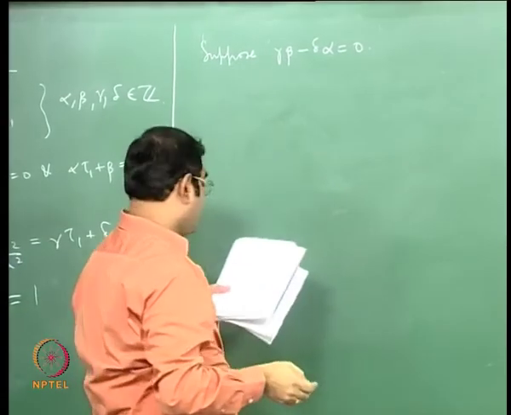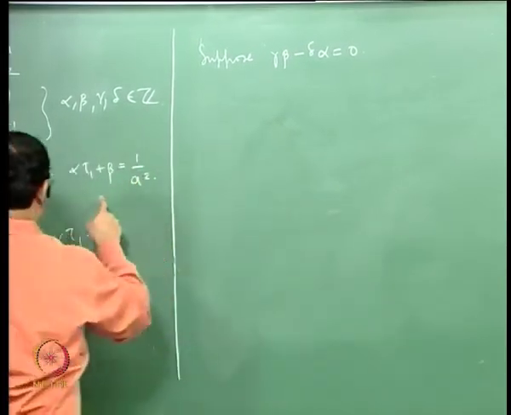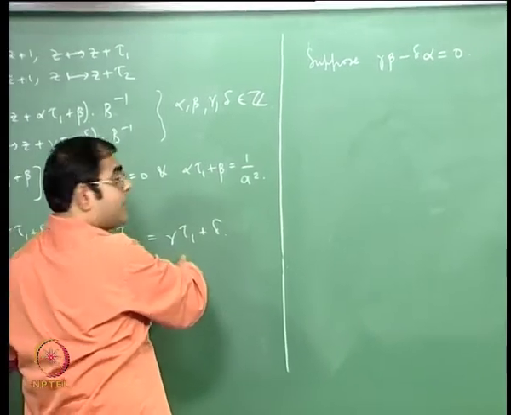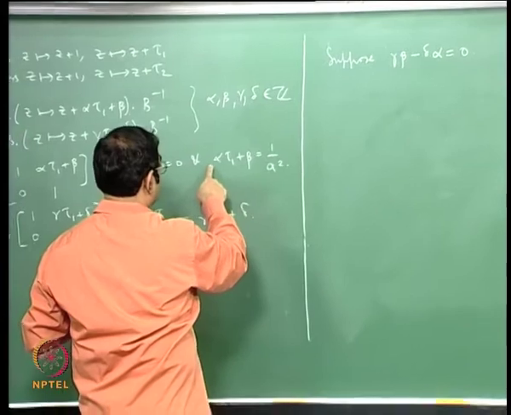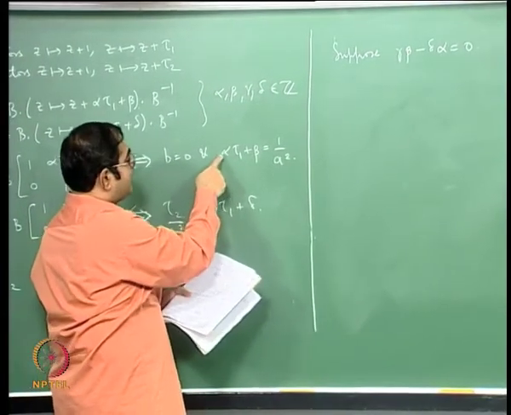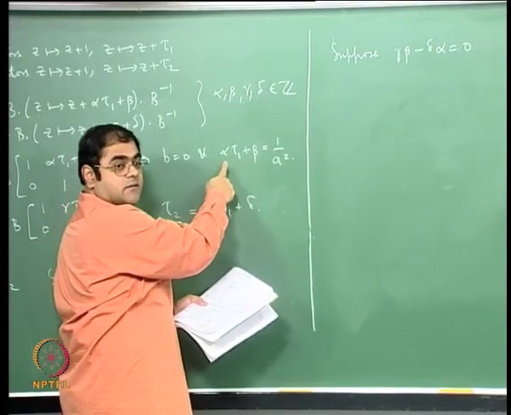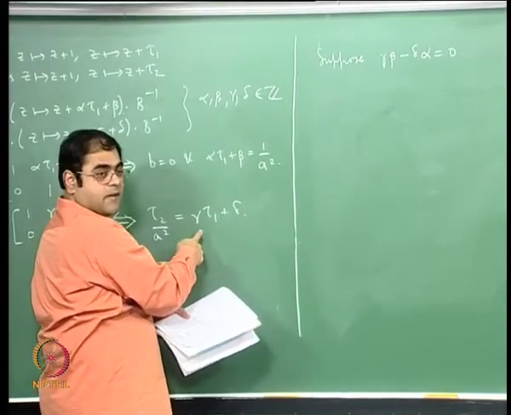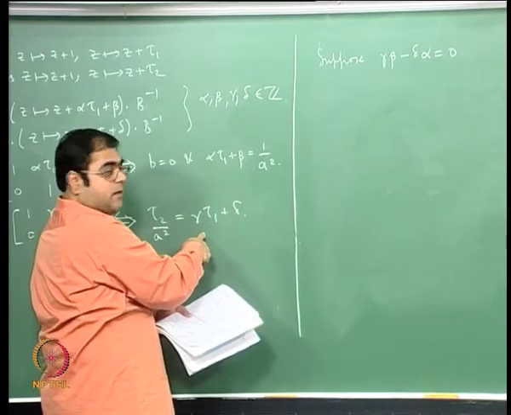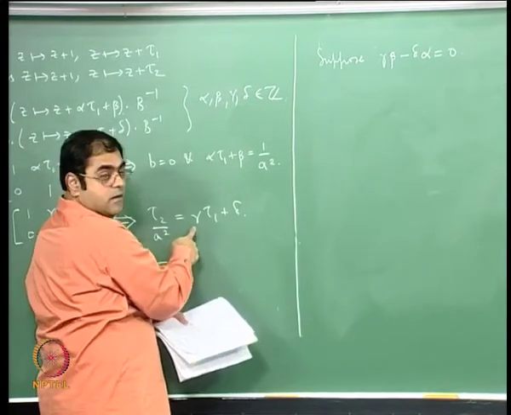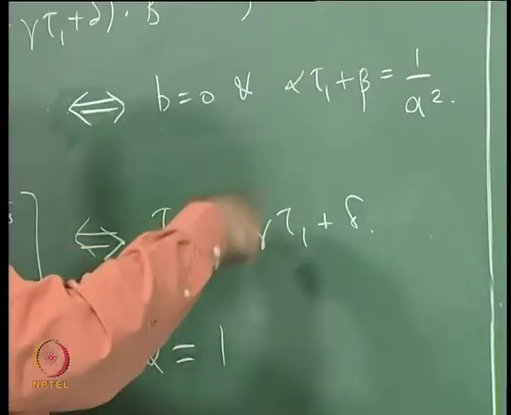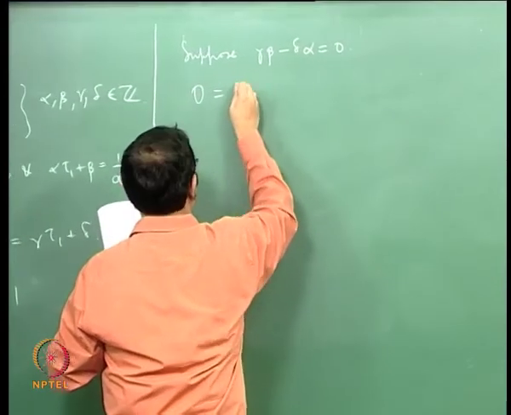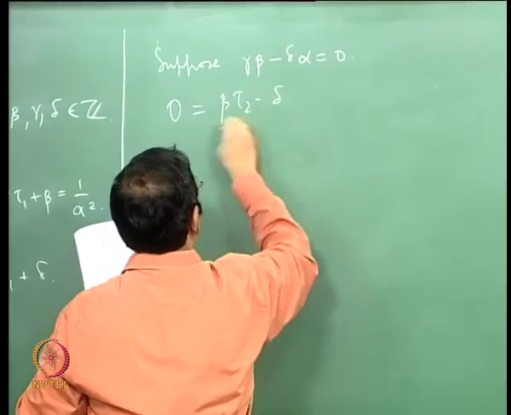Then what you do is you use these two equations. I multiply this equation by delta so that I get a delta alpha, then I multiply this equation by beta so that I get a beta gamma, and then if I subtract, the delta alpha tau 1 minus beta gamma tau 1 is going to go away, and what I am left with is 0 equal to beta tau 2 minus delta by a square.